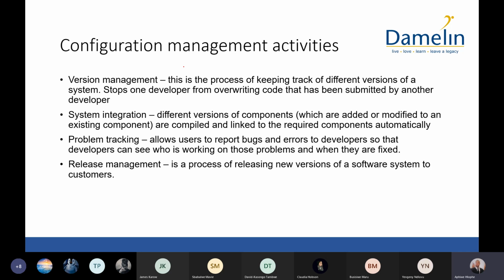So configuration management deals with how you keep track of the different versions that we've created. This is a process of keeping track of different versions of a system, which stops one developer from overwriting code that has been submitted by another developer, okay?